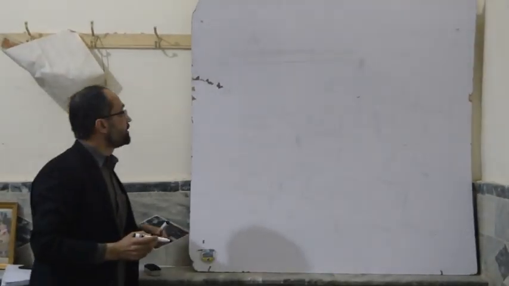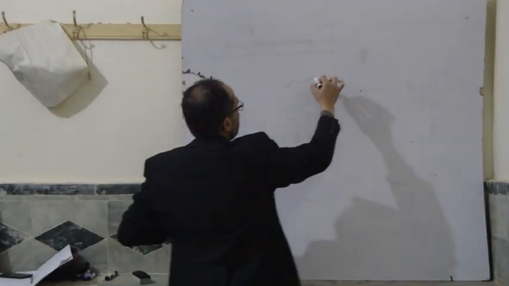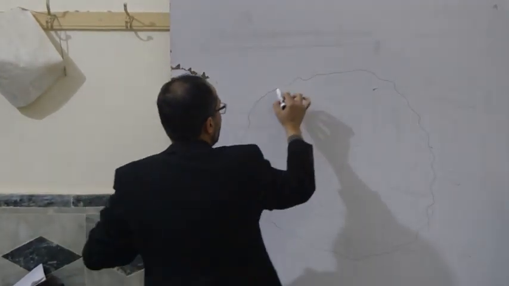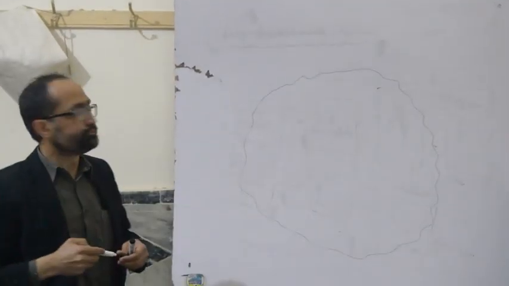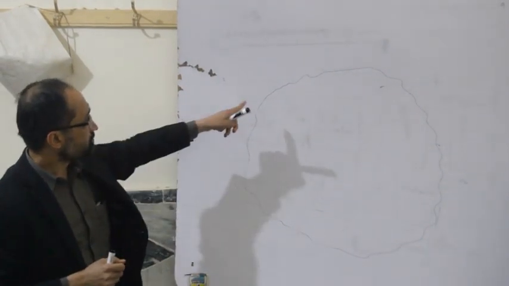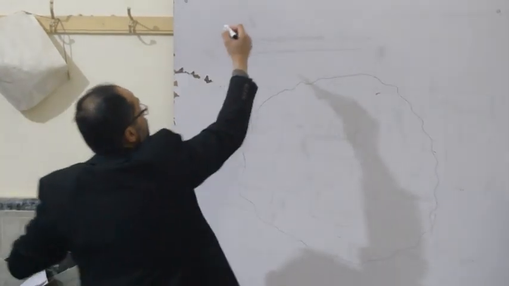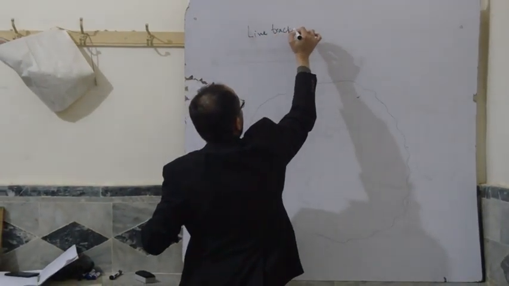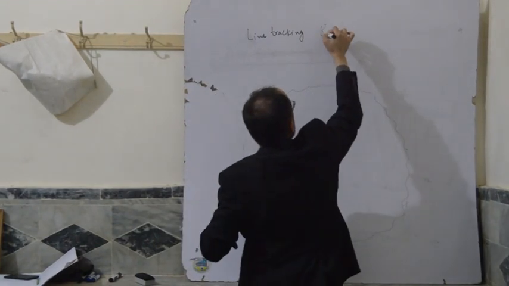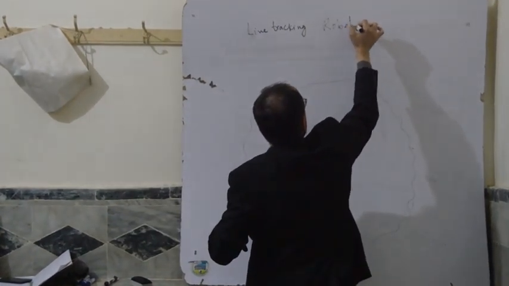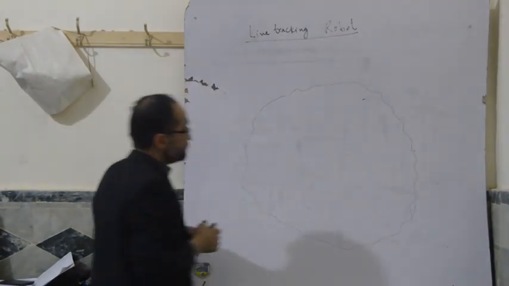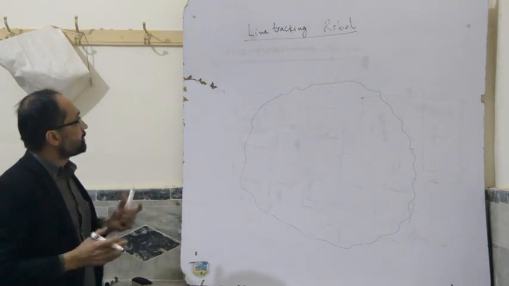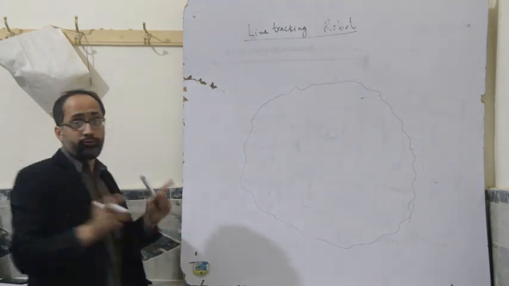Let's assume a scenario where we have a path, and this path has to be followed by a robot. The main components of this line tracking robot consist of two sensors.